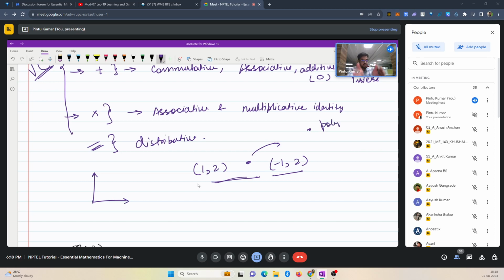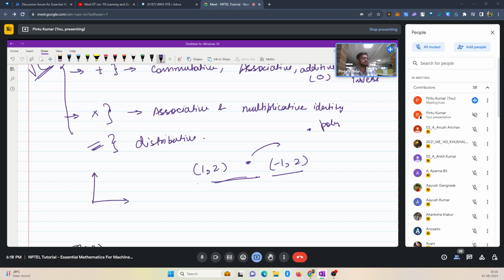Whatever properties the dot product between two vectors in R2 is satisfying, if we use the same properties to calculate the dot product between two polynomials, then we will be able to find the angles between those two polynomials.